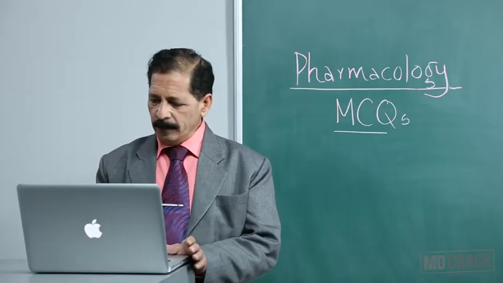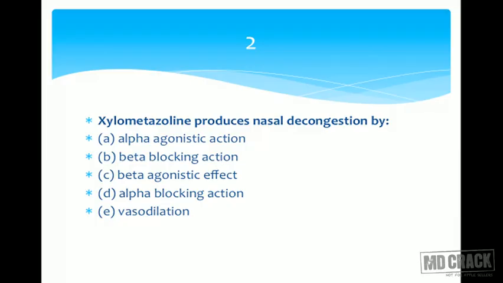Let's go to the next question. Xylometazoline produces nasal decongestion by: alpha agonistic action, beta blocking action, beta agonistic action, alpha blocking action, or vasodilation. The examiner wants to know about nasal decongestion.